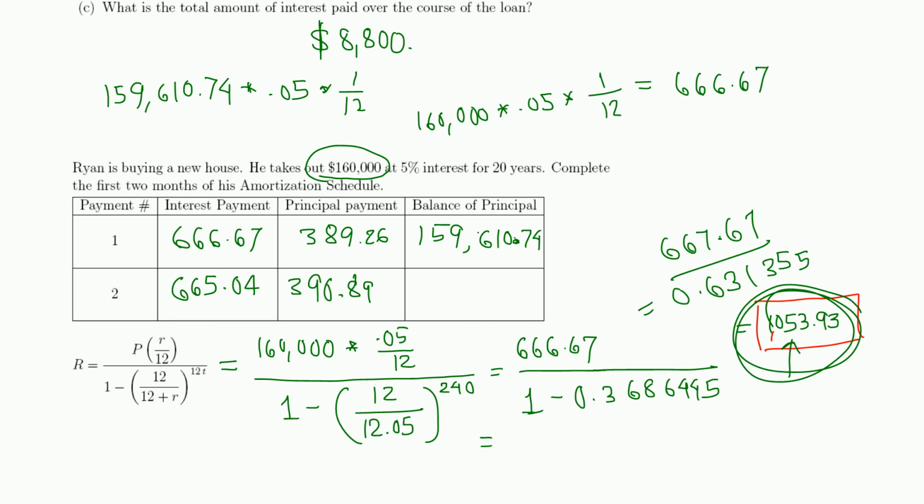This is the balance after the first month, so we want to find the balance after the second month. 159,610.74 minus 390.89 gives 159,219.85. Okay, what happens is the interest payment will be decreasing in each payment and the principal payment will be increasing. Okay, final.